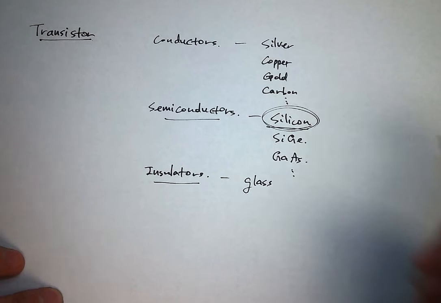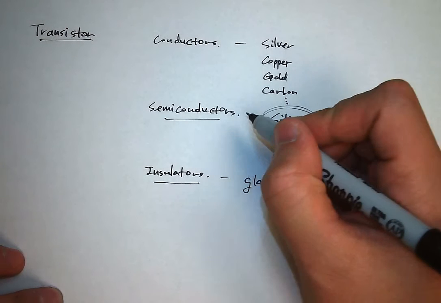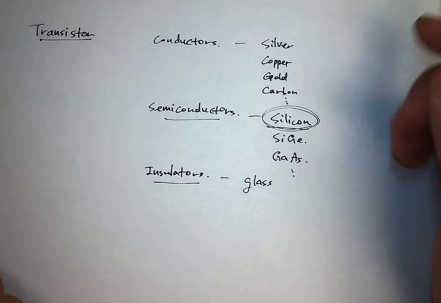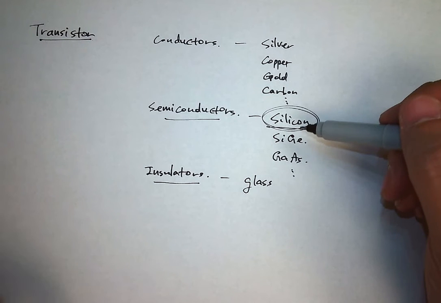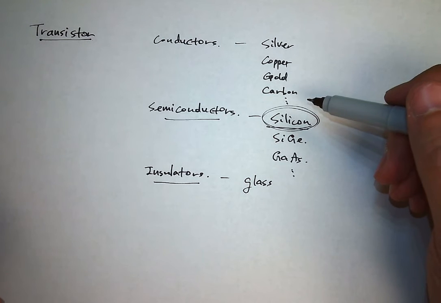And we're using semiconductors because you can control whether the current flows or not. So that ability to control is a major advantage for transistors.